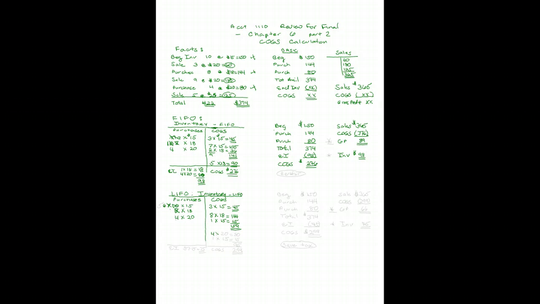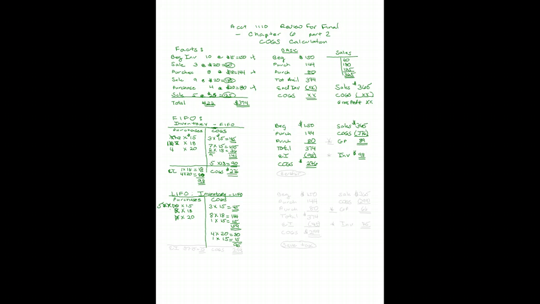Well, 4 is going to be at $20 because those are the last ones in, and that layer is completely eliminated. And 1 is going to be at 15. So instead of having 6, I now have 5 left. 4 times 20 is 80. 1 times 15 equals 15. My cost of goods sold in this case is 95.